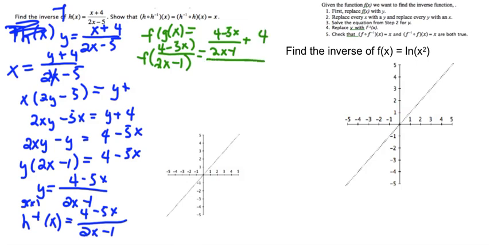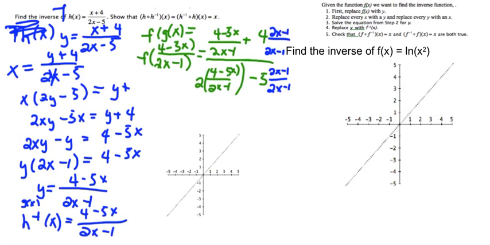Plus 4 all over, and then 2 times 4 minus 5x all over 2x minus 1 minus 5. Well, I need to get a common denominator. So to put these together, what I did is I multiplied this one by 2x minus 1 and this one by 2x minus 1. Same thing over here.